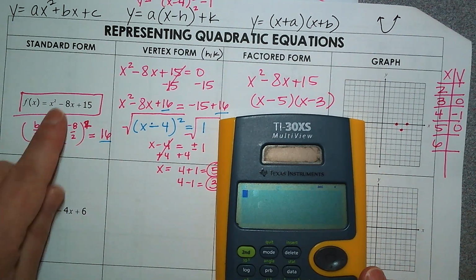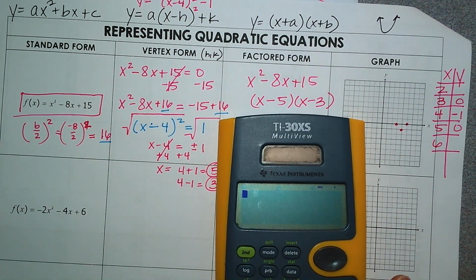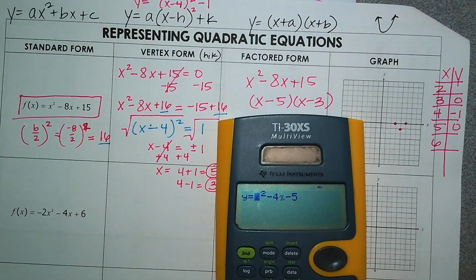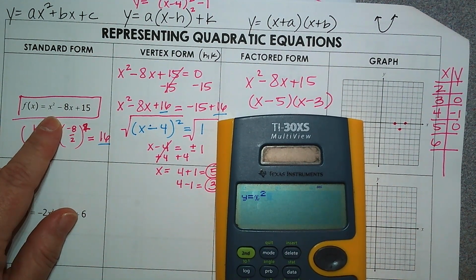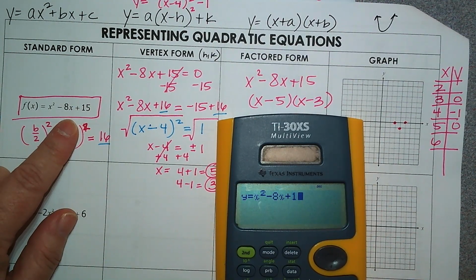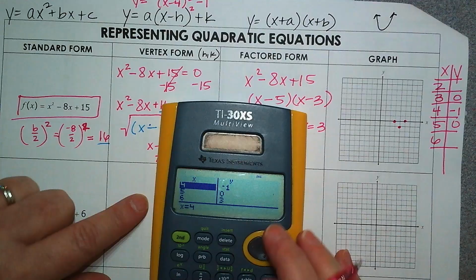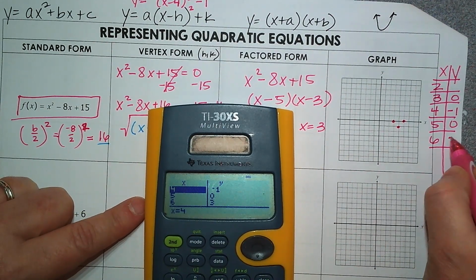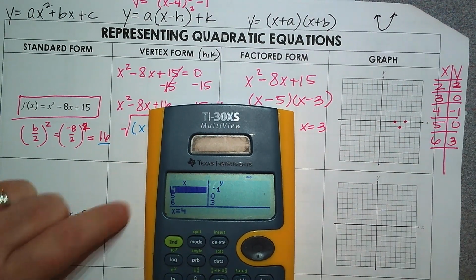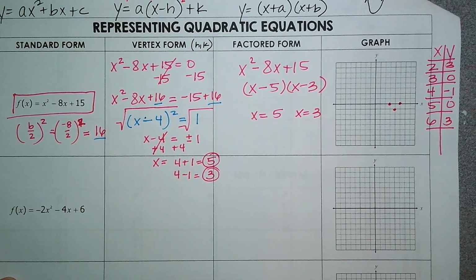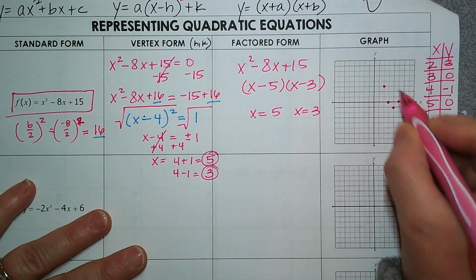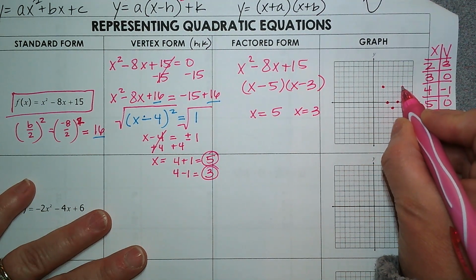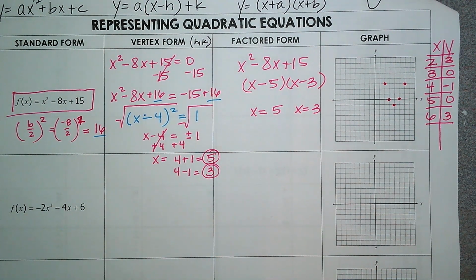You can put any one of these equations into the table, and it should give you the same thing. x squared minus 8x plus 15. And that is your parabola.